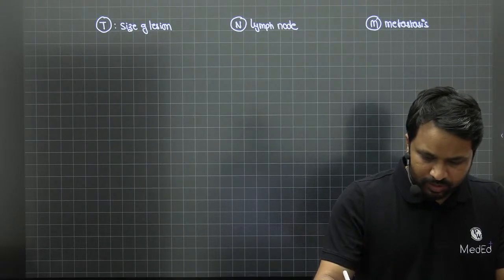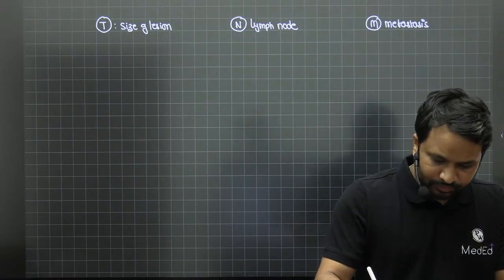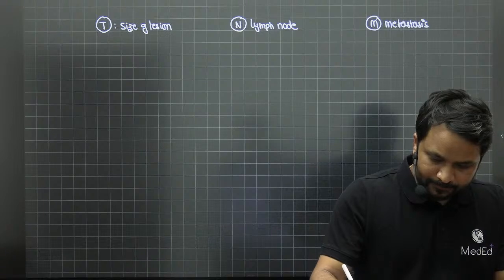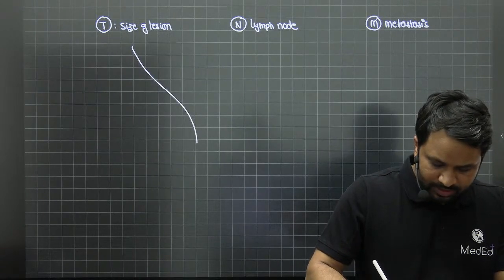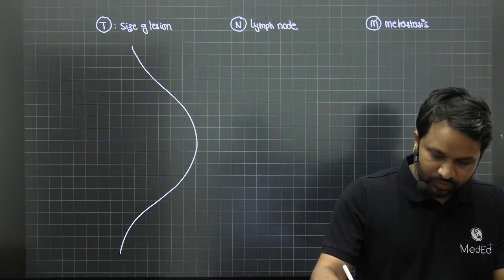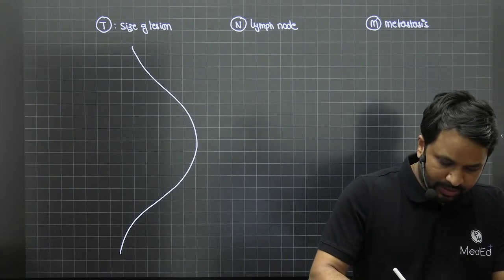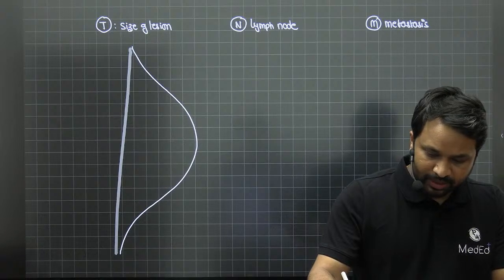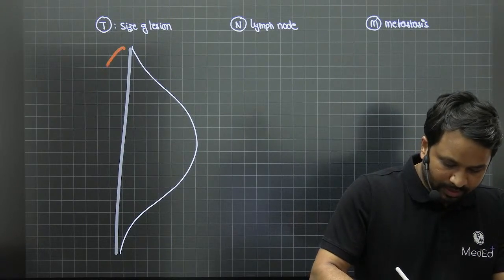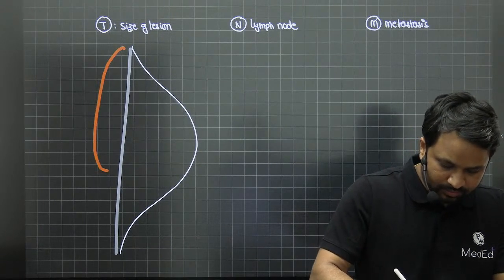Now, when you talk about the breast cancer, let's say this is the representation of the breast that you have. Let's say this happens to be the pectoralis fascia. Behind the pectoralis fascia, you have the pectoralis major muscle.